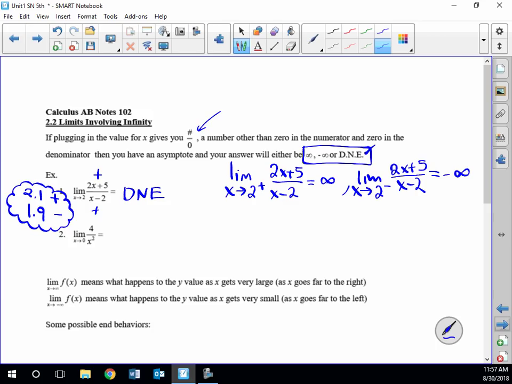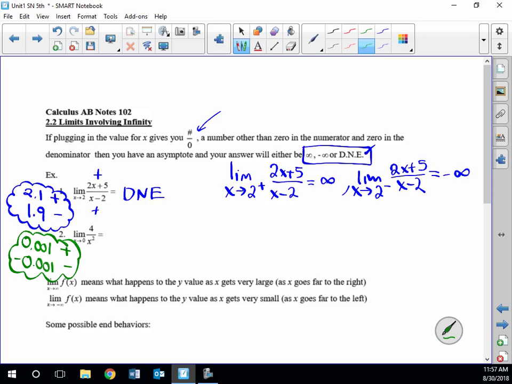So again, we want to plug in numbers that are a little bit less than 0 and a little bit bigger than 0. So in my thought bubble here, I'm going to think about numbers like 0.001 and negative 0.001. So this is on the right and that's on the left of 0. Those are the numbers that I'm plugging in.